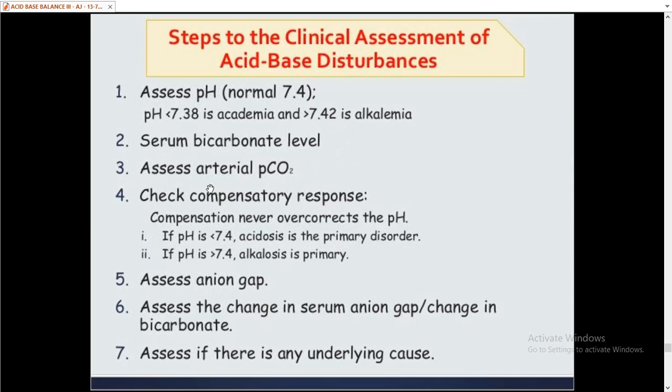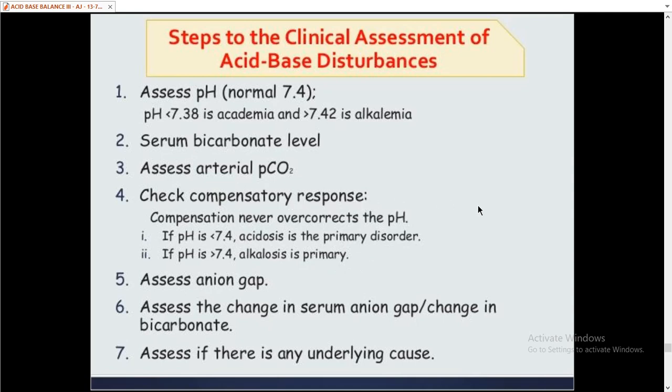Then, fourth is to look at the compensatory response. If the pH is less than 7.4, then acidosis is the primary disorder. If the pH is more than 7.4, then alkalosis is the primary disorder. And check the compensation.